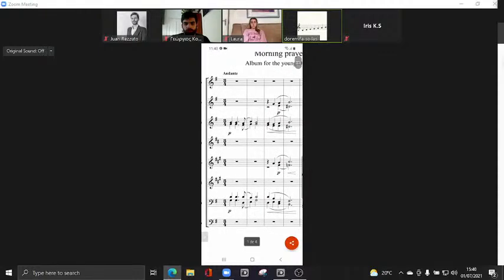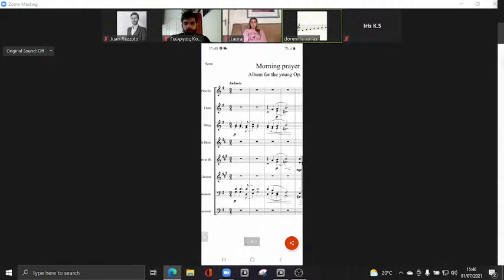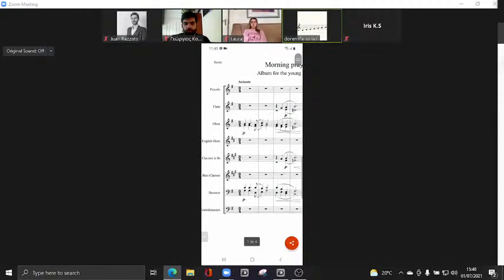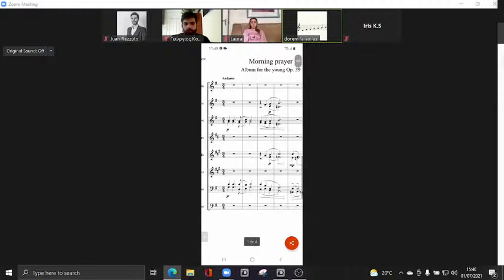So the first four measures are with bassoon and oboe, and I added the clarinets just to orchestrate the dynamics. There we have a crescendo, and I wanted to orchestrate that crescendo, so I added the clarinets.